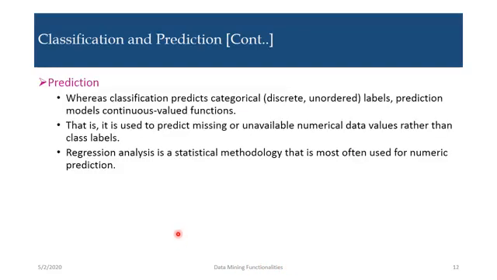And now prediction. Whereas classification predicts categorical or discrete unordered labels, prediction models continuous valued functions. So prediction is always used for continuous valued functions. It will not give you a particular class label, rather it is used to predict missing or unavailable numerical data in the database.